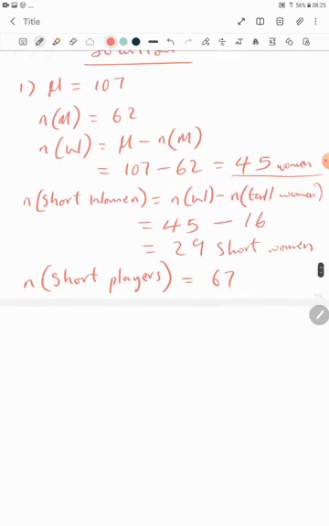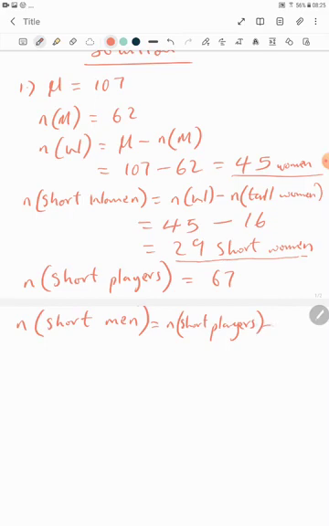And we already know the number of short women. The number of short women is already here. So we can easily say the number of short men will be equal to the number of short players that we already have, minus the number of short women.